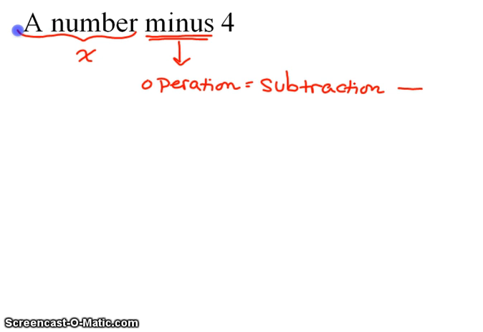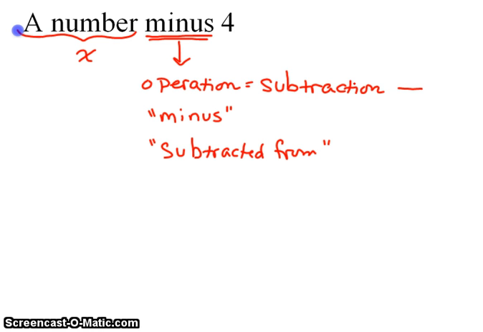Some trigger words for subtraction: minus, subtracted from, less or less than. For example, you can have 4 less than a number, which would be x minus 4. So a number minus 4.